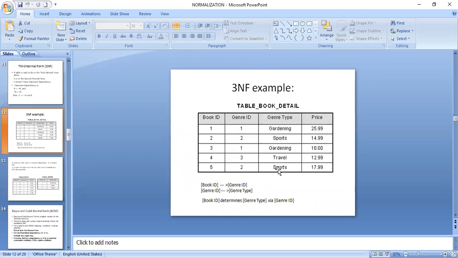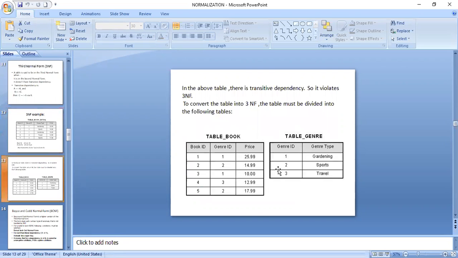So when there is transitive dependency in a table, it means that the table is not in third normal form. To convert the table into third normal form, it must be divided into various tables. Whichever column is violating the rule of third normal form, you push it aside.